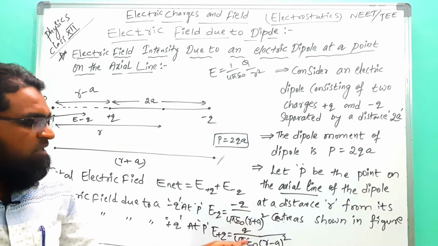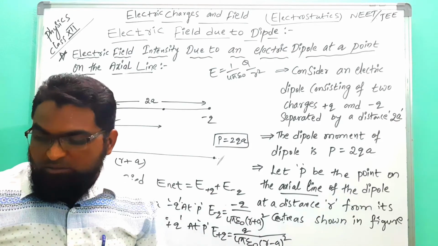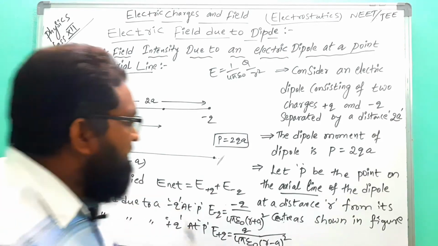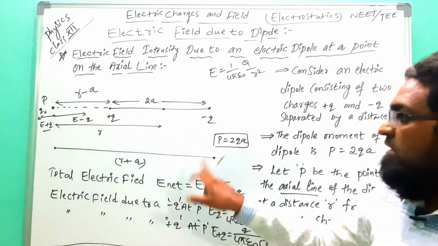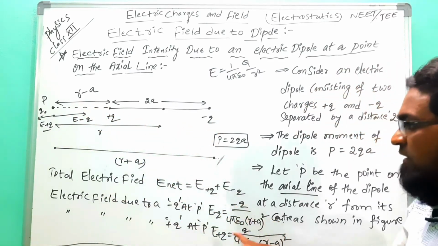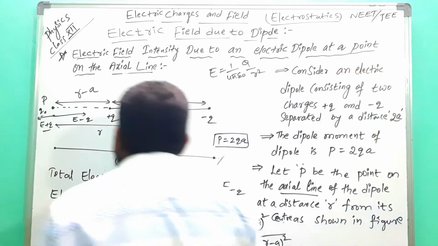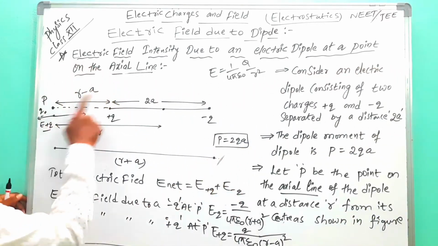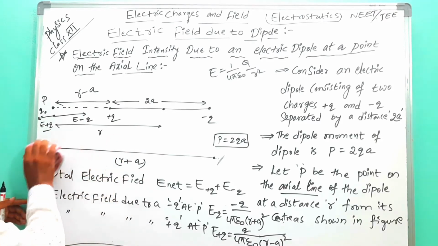These two electric fields are very important. We are substituting the electric field. Are you clear up to this point? So this is the positive charge, negative charge, and total electric field. The electric field due to the negative charge is minus q by 4 pi epsilon naught r plus a whole square, and the positive one is r minus a whole square. Next step is substituting here. The diagram is also clear.